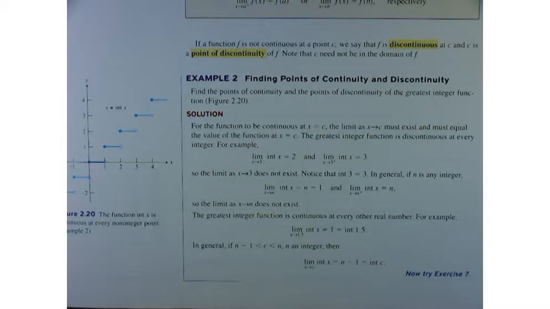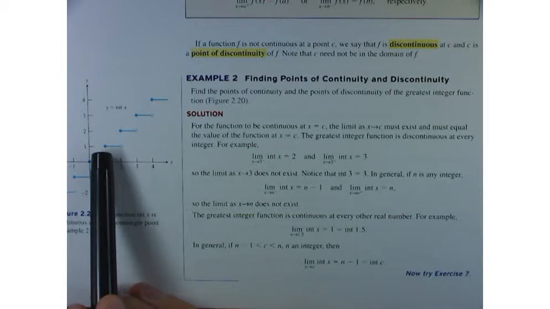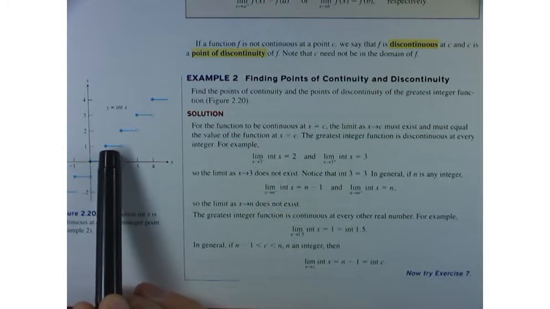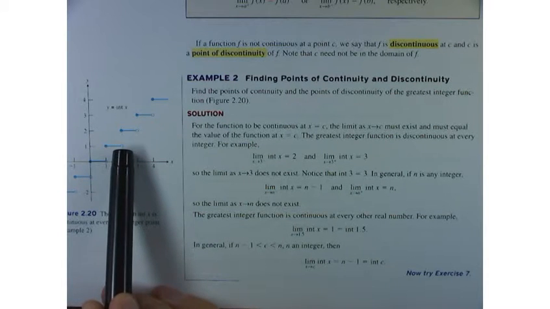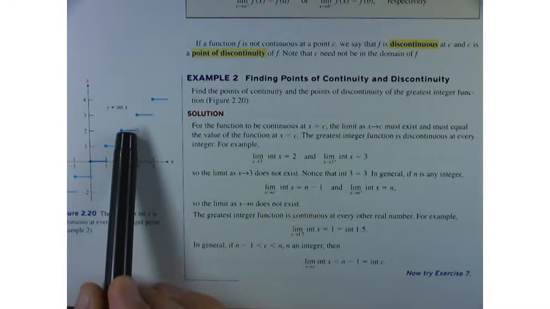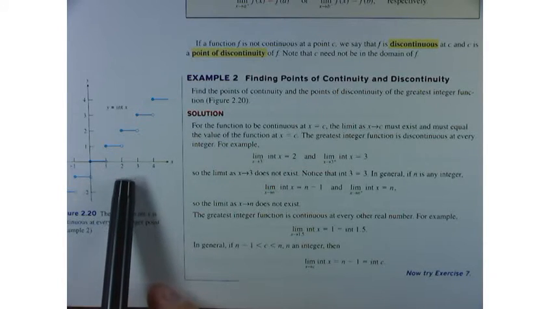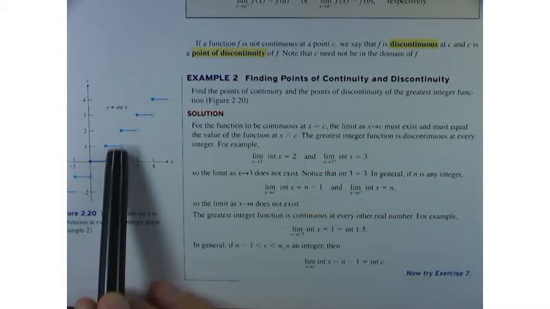So for example, if I look at my function here, if I approach 2 from the left, from negative infinity, as x approaches 2, my y value is 1. I have a one-sided limit there. But it's defined at 2, because that's where the closed circle is. The value of the function, in this case, is y equals 2, so when x equals 2, y equals 2.